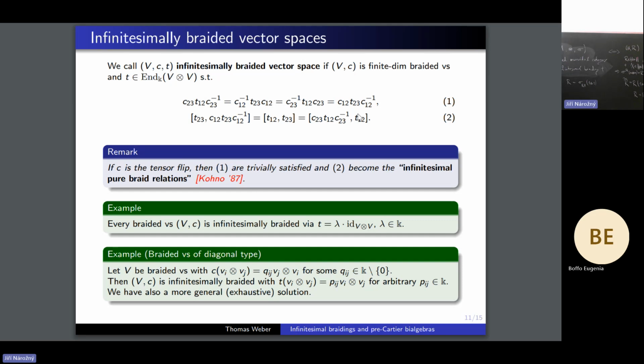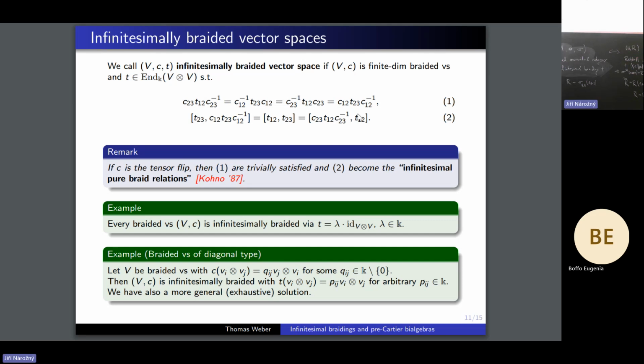We call this triple an infinitesimally braided vector space if we have a braided vector space, let's say finite dimensional, and an extra endomorphism T, also of V tensor V, satisfying these conditions 1 and 2. This looks a bit complicated, but it's actually doable to figure out in some places that this works well. If you go back to the easy case when C is just a tensor flip, you can see that 1 is empty, so it's automatically satisfied.